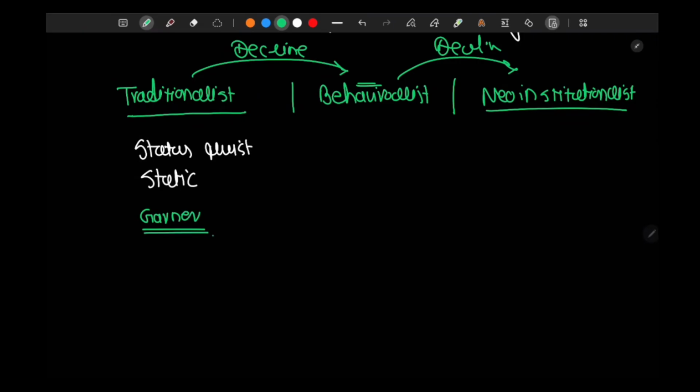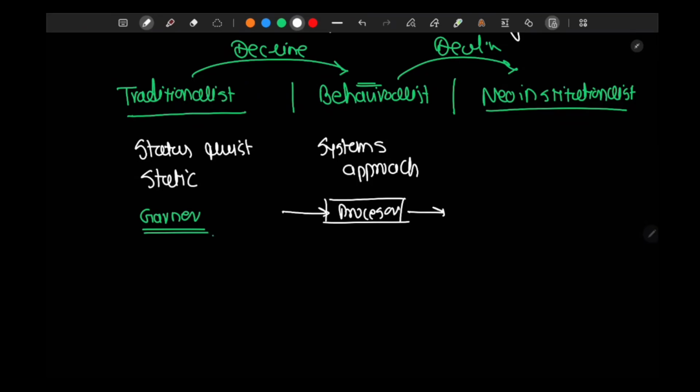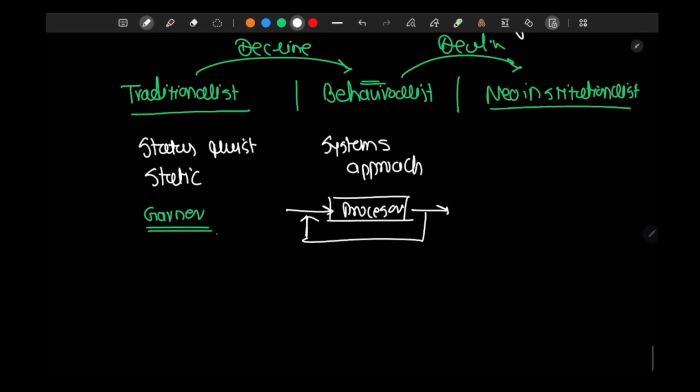Then came the behavioralists. Behavioralists explain state through the systems approach, and they say that state is a processor for inputs and feedback. That is how behavioralists see state. And the biggest behavioral name is Easton.